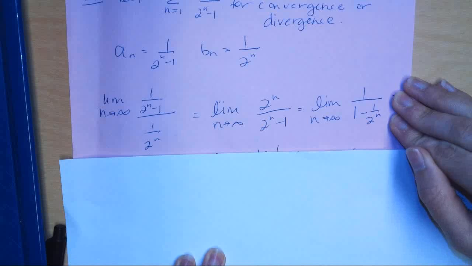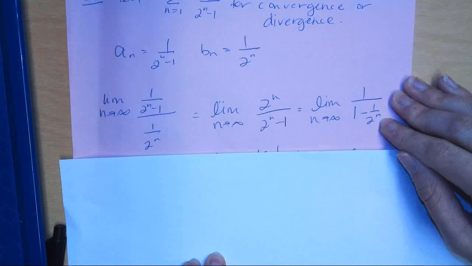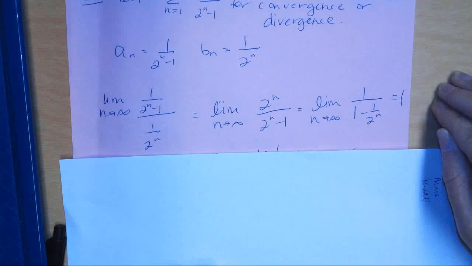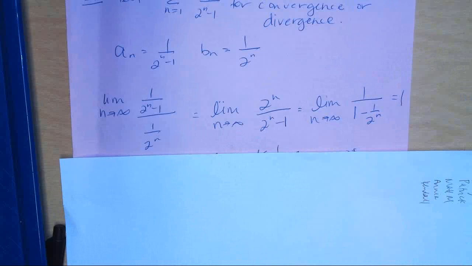So what's the limit? As n goes to infinity, this goes to what? 0, so it's just 1. So, since the limit is a number bigger than 0, we know that they both converge or both diverge. And which one is it?